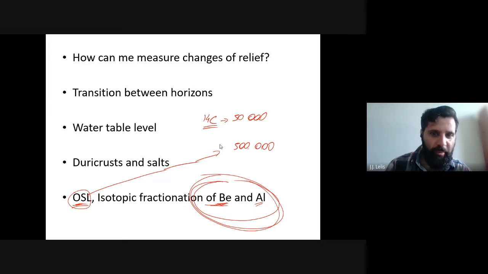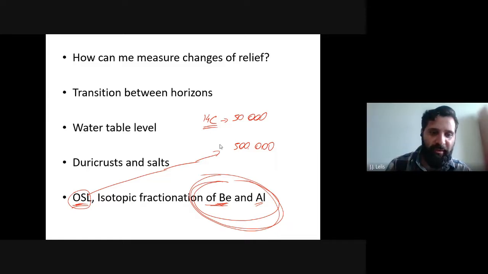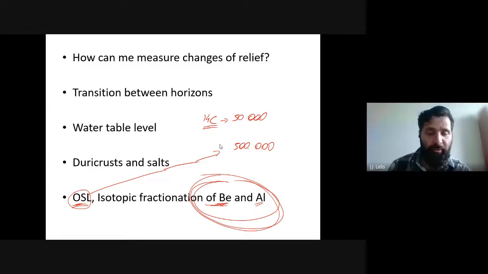We have the equipment to do that, but I think that measuring these isotopes is not so easy, and the preparation of the sample is not so easy too. So it's why I think that they generally analyze this abroad, because the preparation is quite hard. We'll discuss this in the next classes. The preparation of the sample is hard, it's quite difficult, and it's quite expensive too.